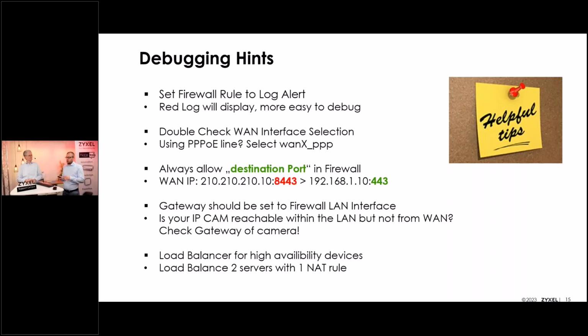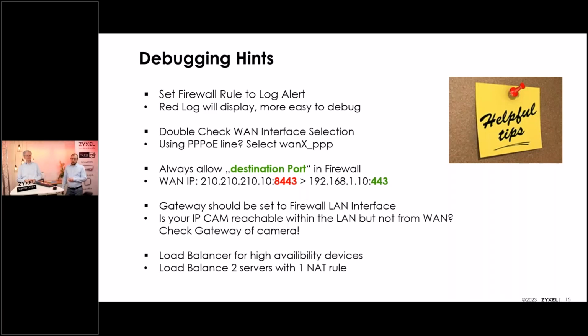If the gateway IP address for the camera is set to, for example, our switch here, obviously the WAN traffic will not work, because the switch does not know what to do with that traffic, and it will discard it. So make sure that the gateway is always set to the interface IP address of the firewall. For example, if our firewall is 192.168.1.1, make sure that the gateway address on the IP camera is set to that IP address.